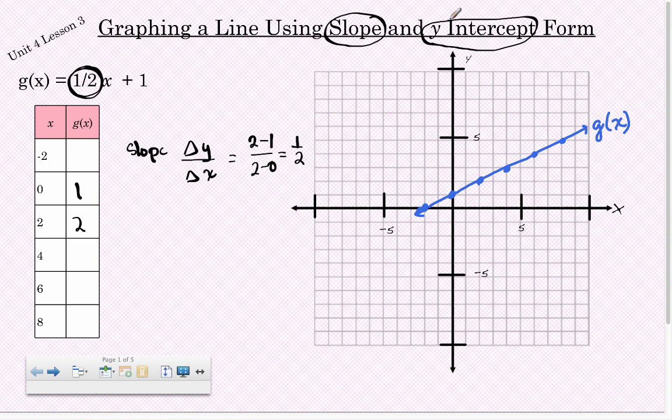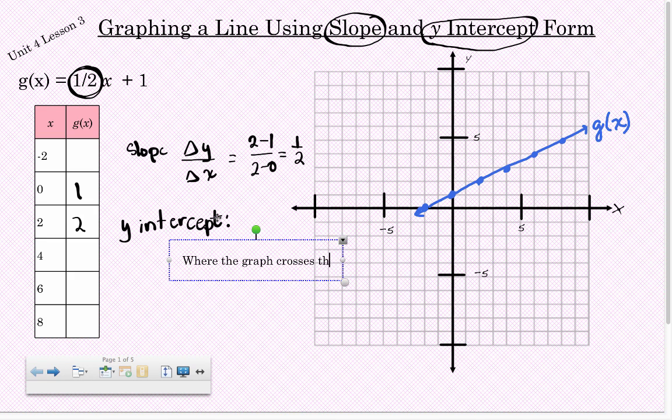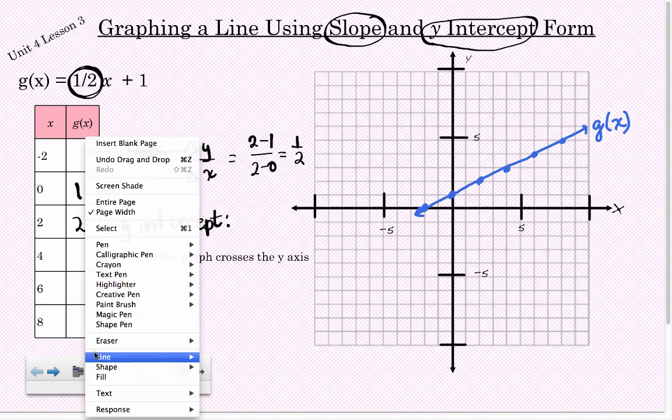Now, the y-intercept simply is where the graph crosses the y-axis. And if you look at the graph, where does it cross the y-axis?